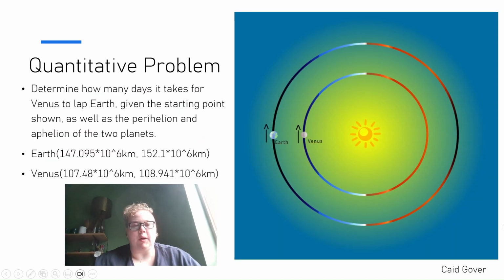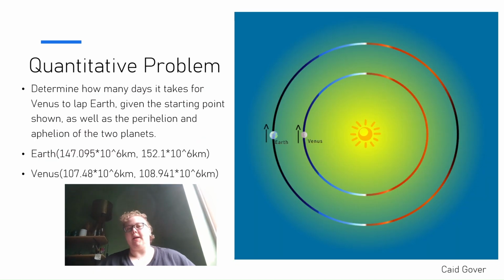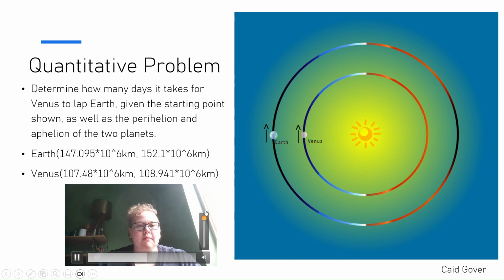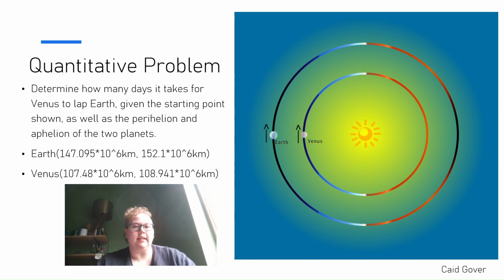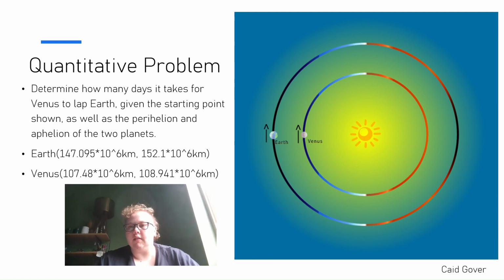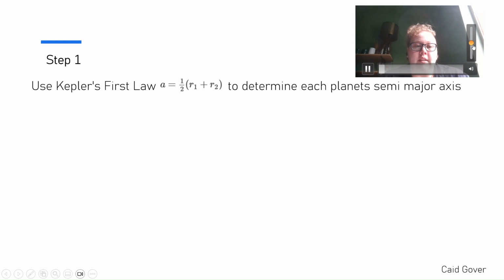For a quantitative problem, we'll be solving for the number of days it takes for Venus to lap Earth, given that neither of them are ahead of each other in their initial position, as well as the perihelion and aphelion of the two planets, which I've shown below. Our first step is going to be using Kepler's first law to determine the semi-major axis of each planet.